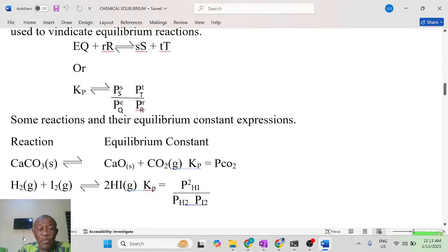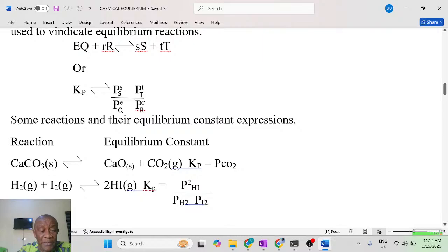Looking at some reactions and their equilibrium constant expressions, we have calcium carbonate giving calcium oxide and carbon dioxide. We find that Kp is equal to PCO2.